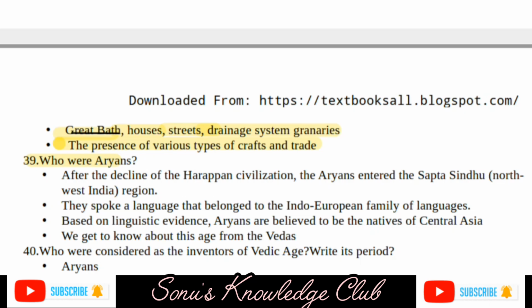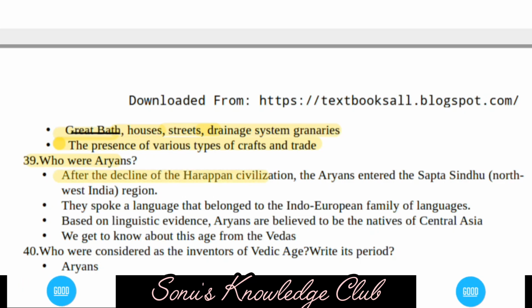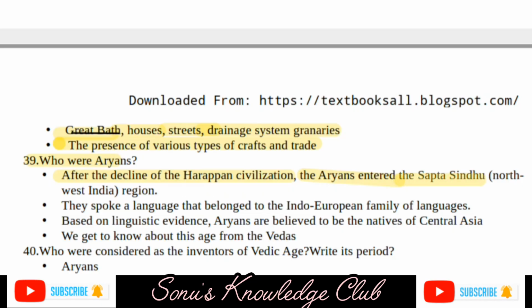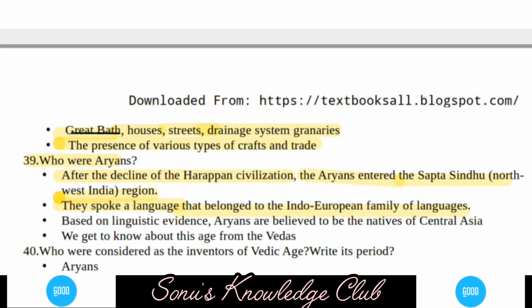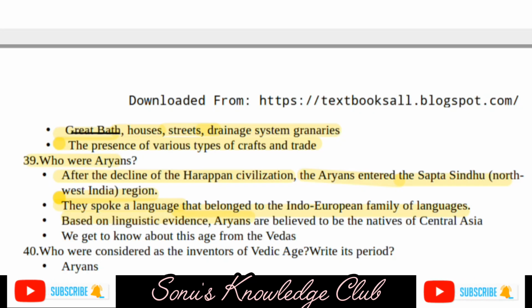Who were the Aryans? After the decline of the Harappan civilization, the Aryans entered the Sapta Sindhu region in the northwest of India. They spoke a language that belonged to the Indo-European family of languages. Based on linguistic evidence, Aryans are believed to be natives of Central Asia.